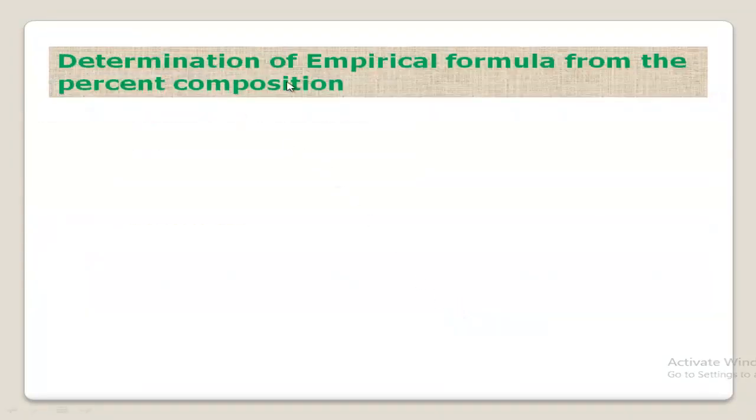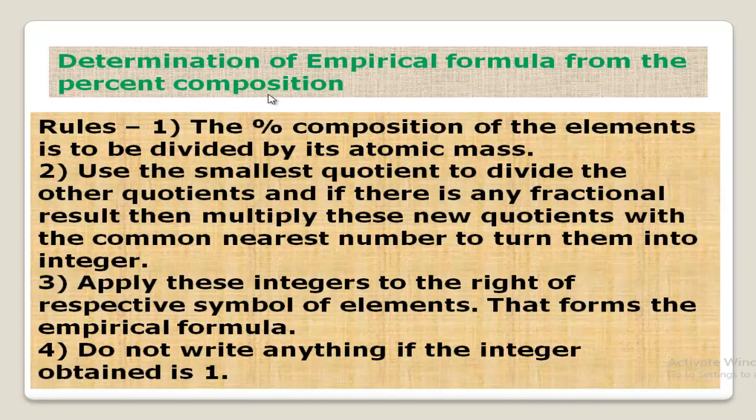Now, determination of empirical formula from the percent composition. To determine the empirical formula from percent composition, we have to follow some rules. So at first we have to know the rules. There are 4 rules we will follow.